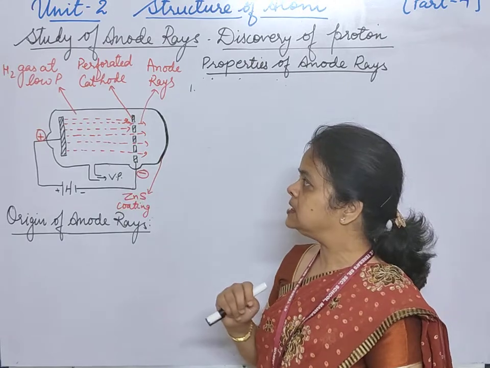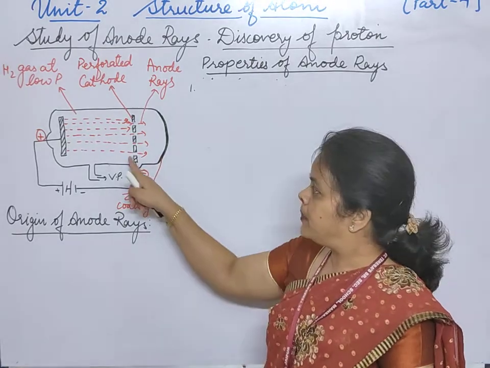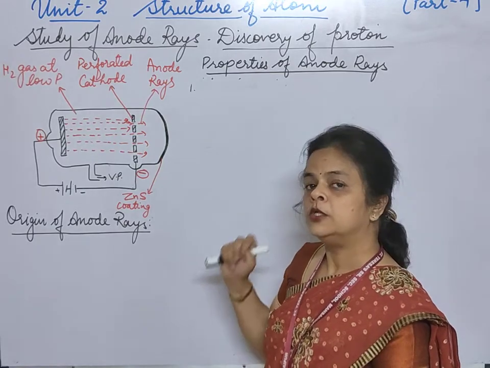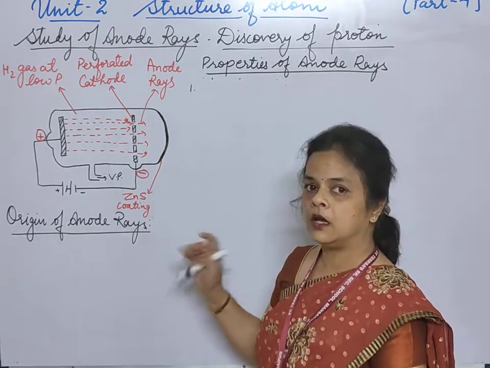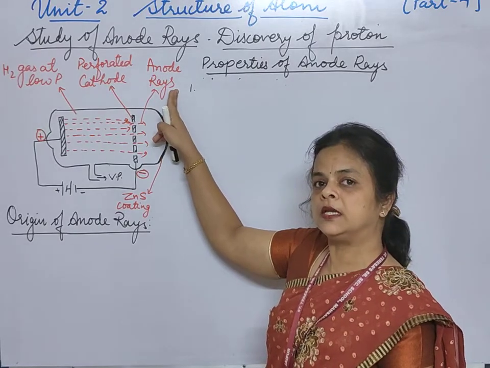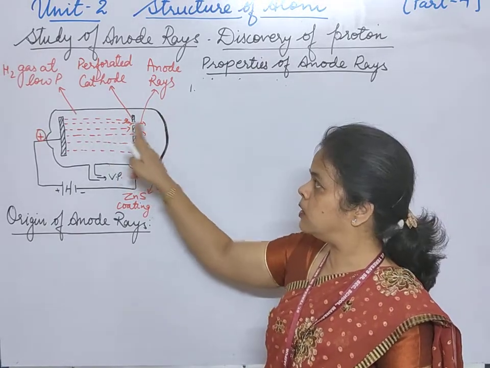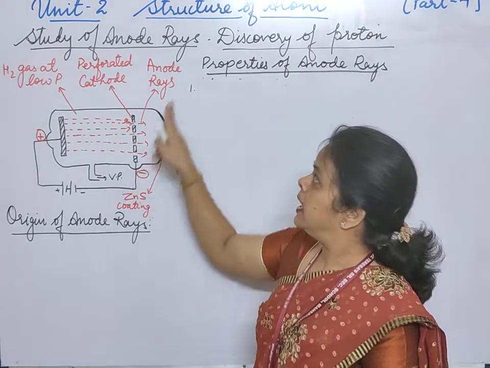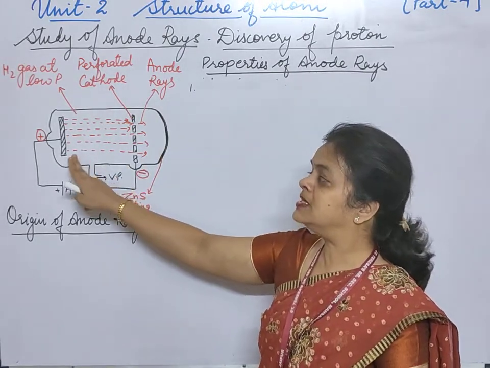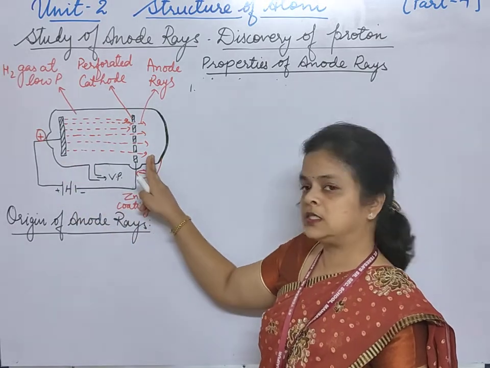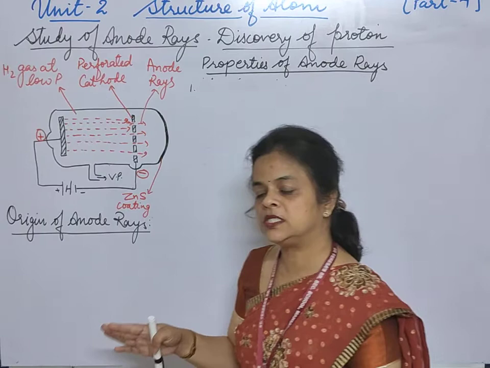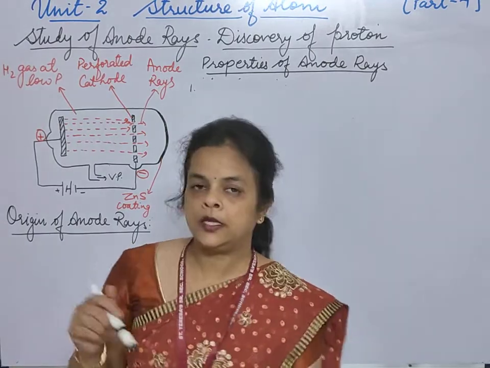These anode rays pass through the holes of the perforated cathode, so they were also called canal rays. They were called canal rays because they pass through the holes of the cathode, and anode rays because they were moving from the side of the anode towards the cathode. So with the same experiment, Goldstein discovered the anode rays.